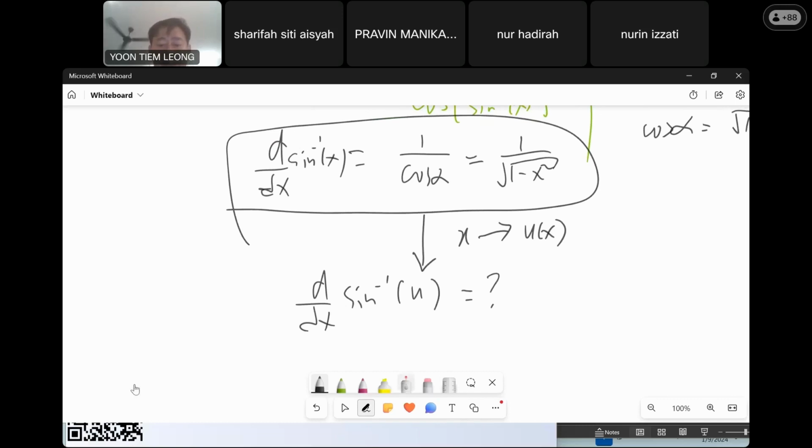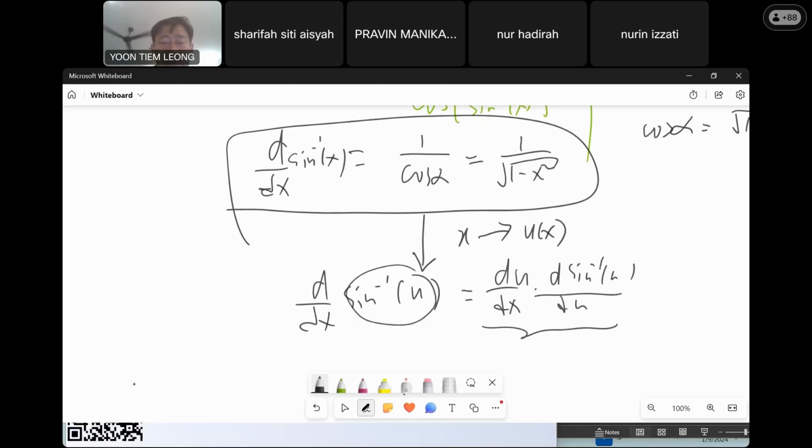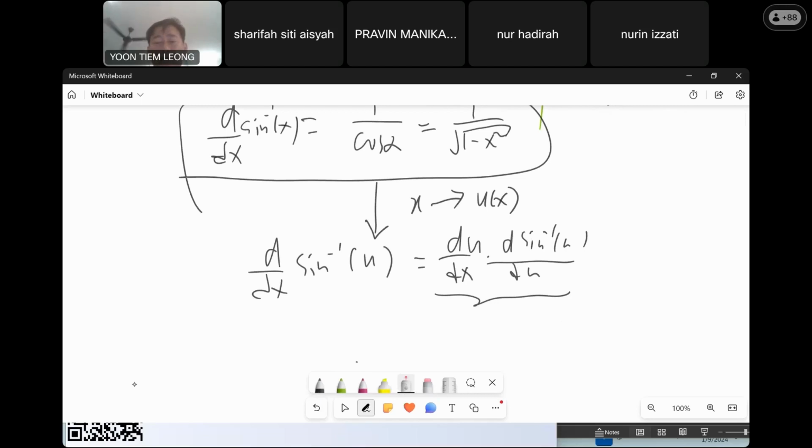This is just equal to du/dx times d arcsine of u over du. Here I am applying the chain rule, where the arcsine of u is treated as a composite function of u. So d/dx of an arcsine of a general function u is the product of du/dx times d/du of arcsine of u.